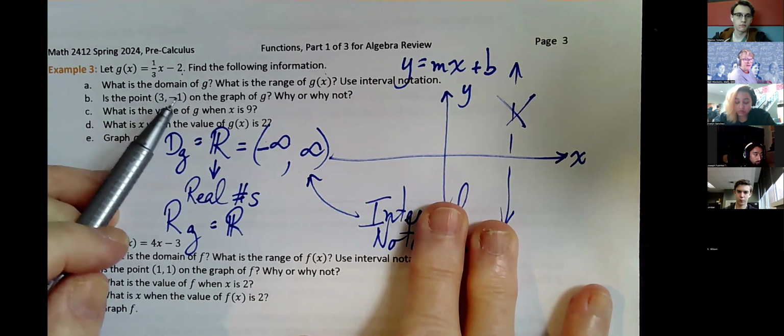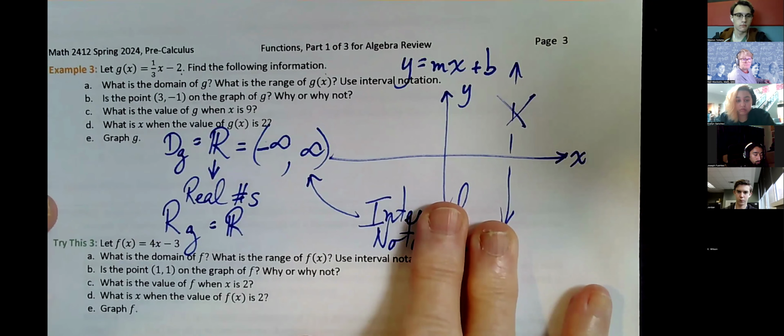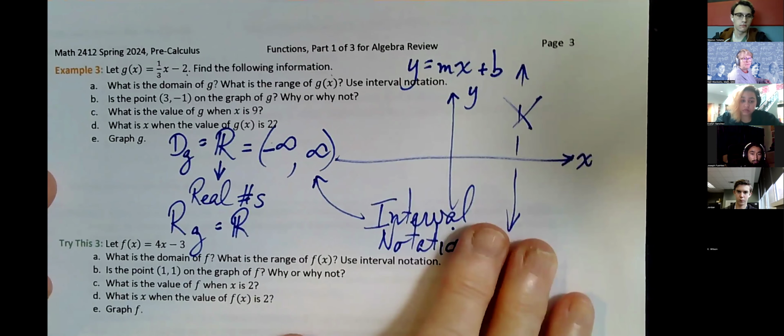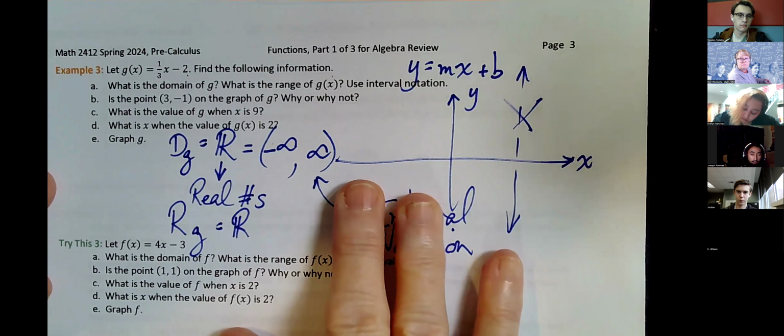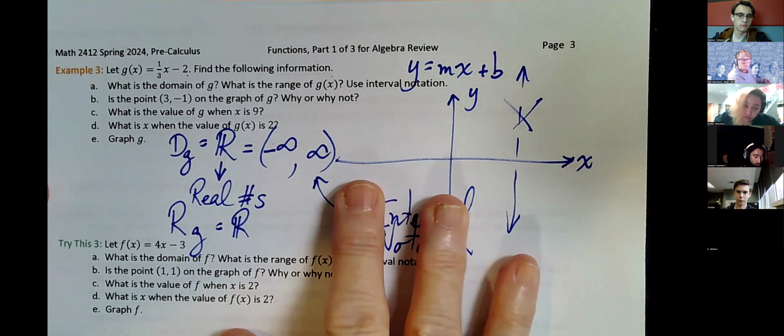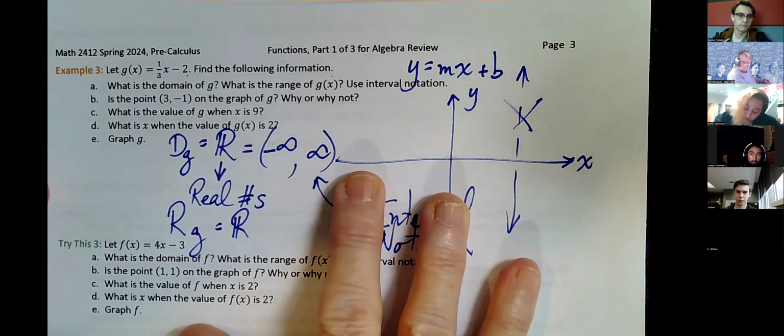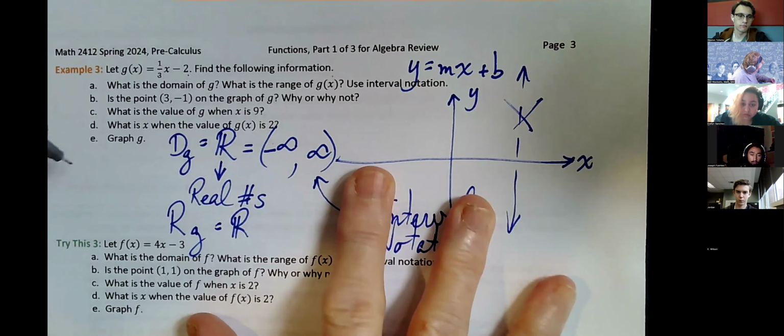Is the point 3, -1 on the graph? How can we know? You can substitute 3 for x and see if you get -1.